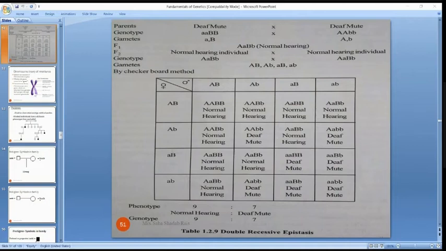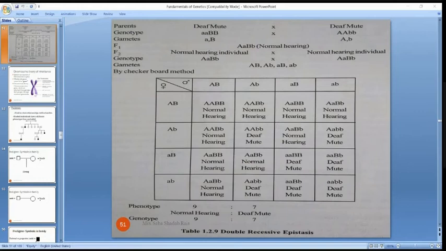When this normal hearing individual is crossed, we make the usual dihybrid cross table. It is observed that the individuals having capital A, the first dominant gene, as well as the second dominant gene, show the dominant trait. I told you in the case of the double dominant and double recessive, there is no hypostatic gene.